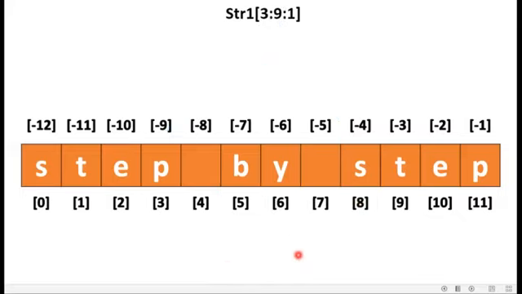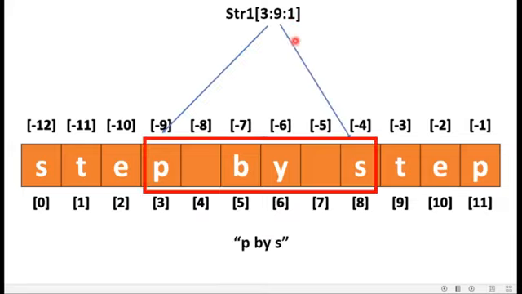Another example, now here we have taken 1, but as I told you, we can write it also, or if we are omitting this 1, then also my substring will work in the same way. 3:9:1. So starting index position is 3, end index position is 8, and we are taking 1 gap. So P space B Y space S is printed as a substring.